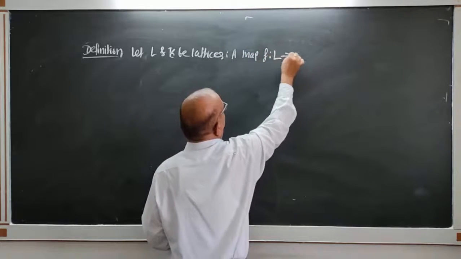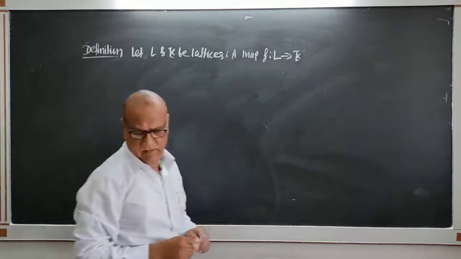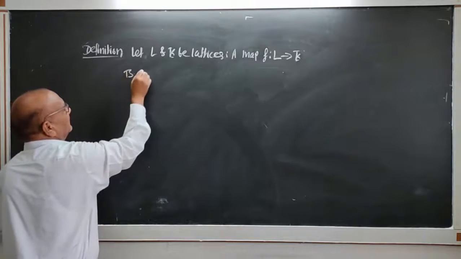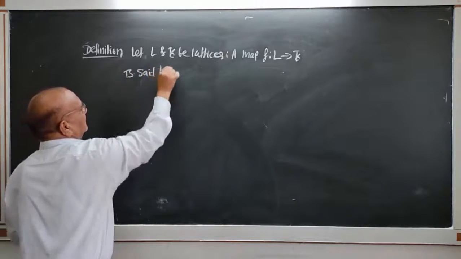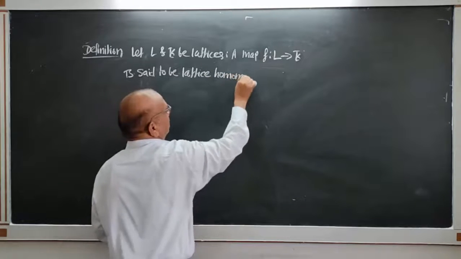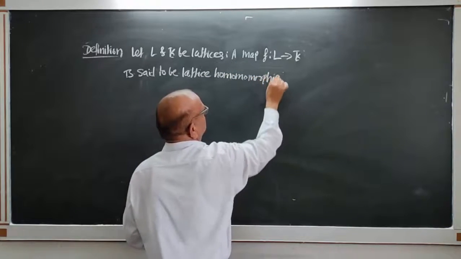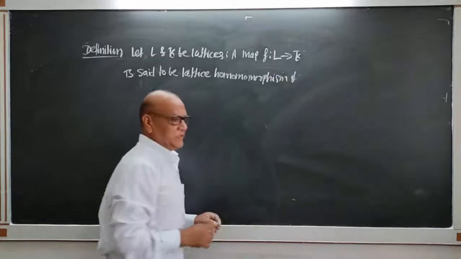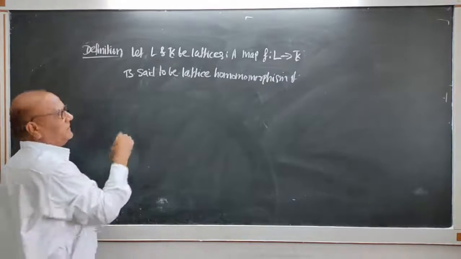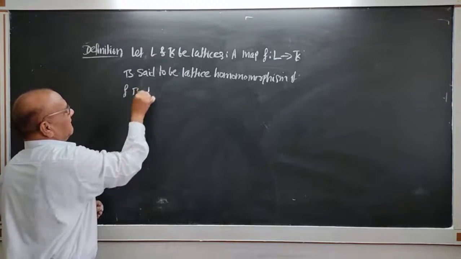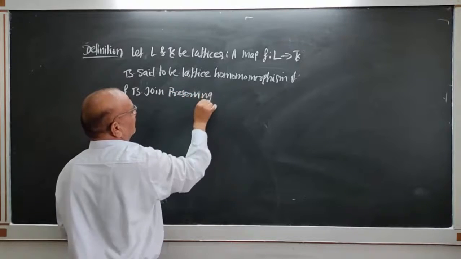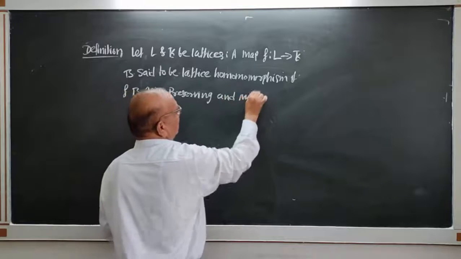A map F from L to K is said to be a lattice homomorphism if F is join preserving and meet preserving.